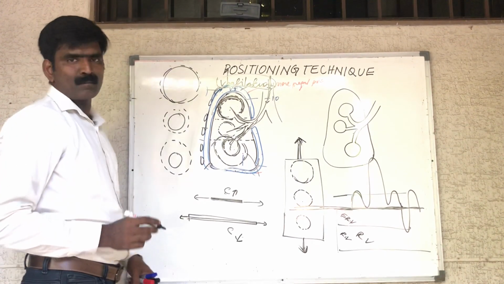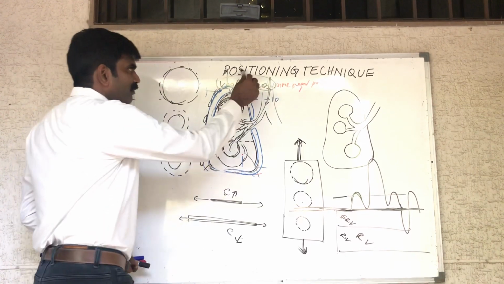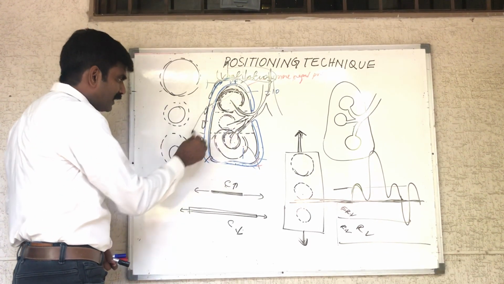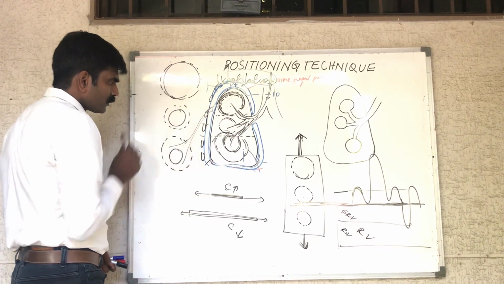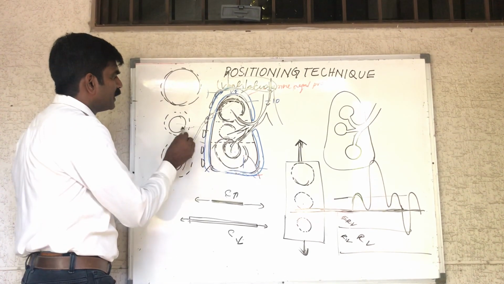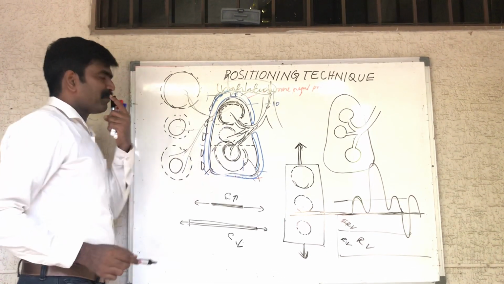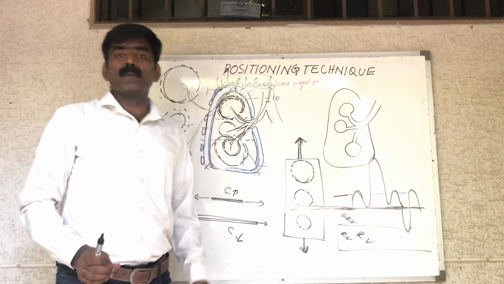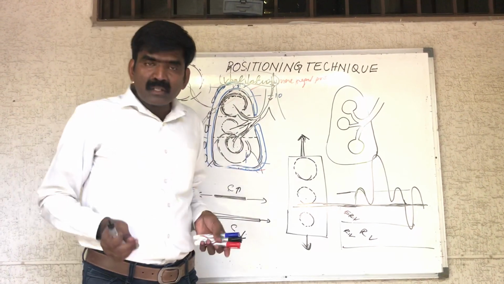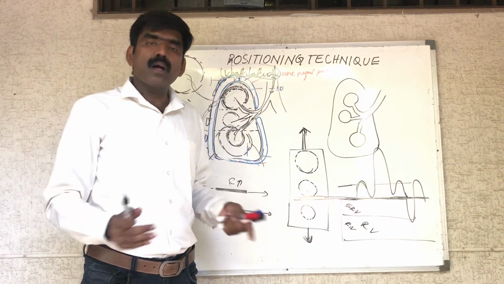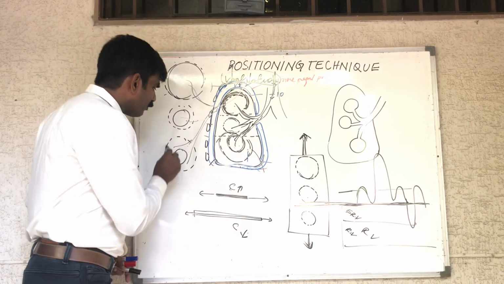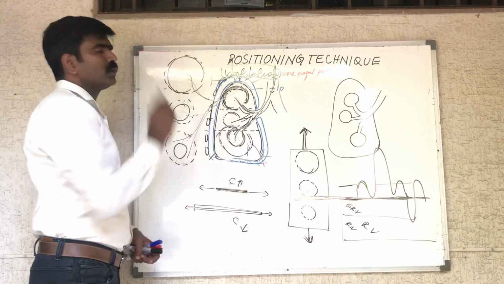So when the air is entering, it will enter more into the lower zone when compared to the middle and the upper zone. This is the reason why normally the ventilation is high in the lower zones when compared to upper zones.